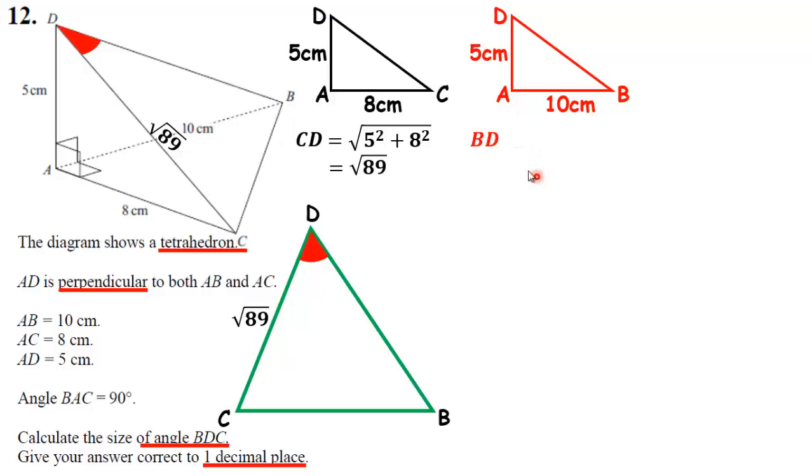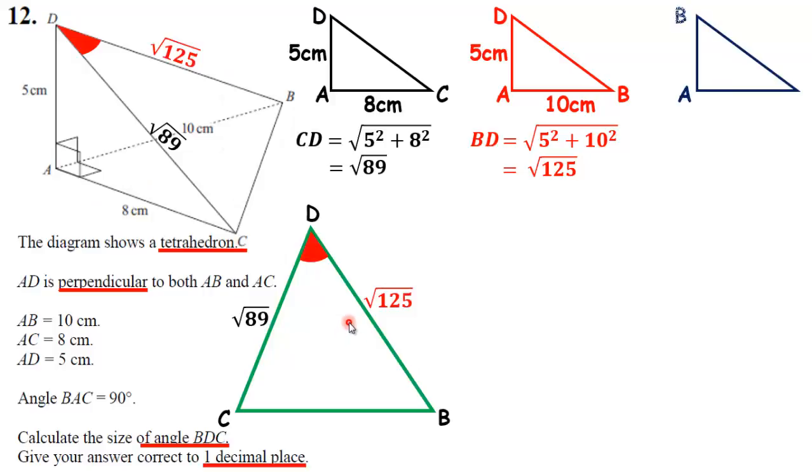I'm going to go through the same process to work out BD. BD is going to be 5 squared plus 10 squared, and then square root all of that, and that's going to give me the square root of 125. I'm not going to work it out as a decimal. Let's look at the other triangle that could help us, the base of the tetrahedron, ABC.